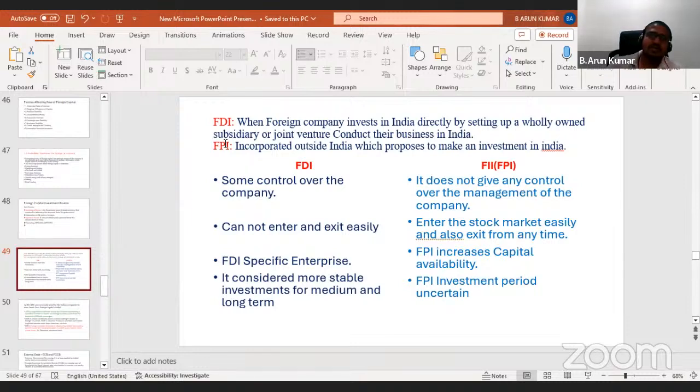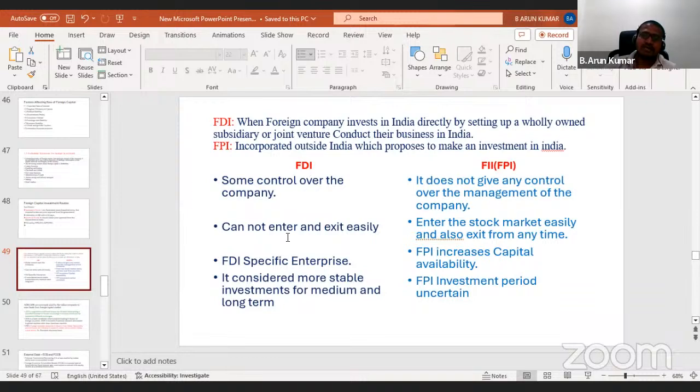This is the basic difference between FDI and FPI. FDI gives some control over the company, whereas FPI does not give any control over the management of the company.